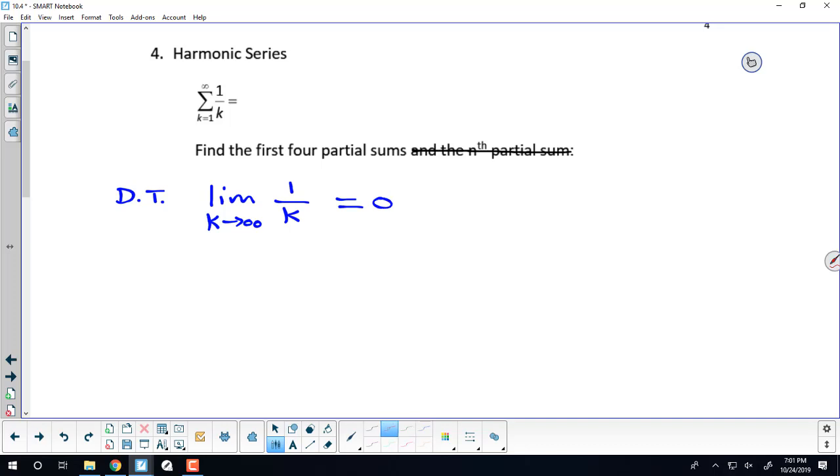So the divergence test is actually inconclusive, which means that series could converge or could diverge. And maybe you can remember back when we first started that improper integral chapter in the last unit, that we did look at the integral from 1 to infinity of 1 over k and said that diverged.